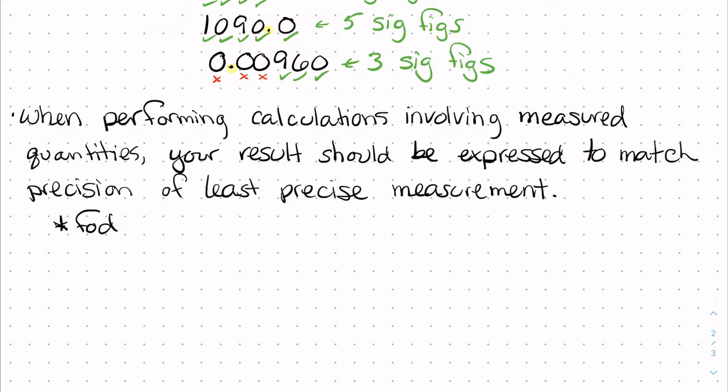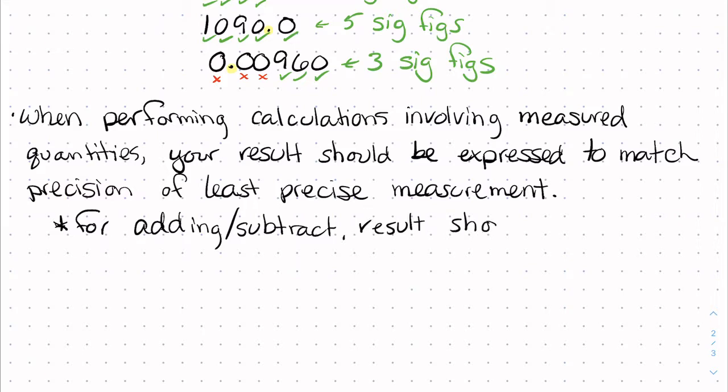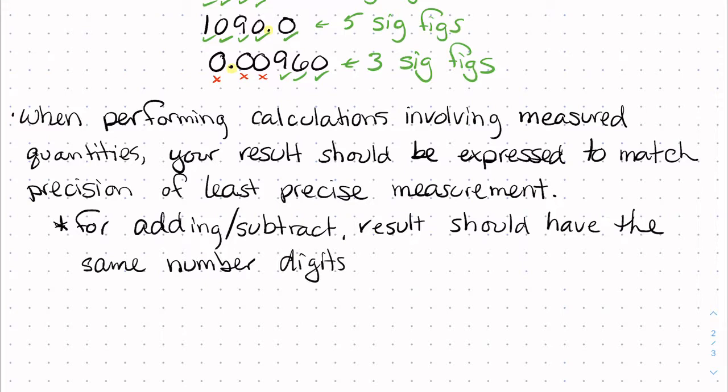So for adding or subtracting, the result of your calculations should have the same number of digits after the decimal place as the measured value with the fewest.